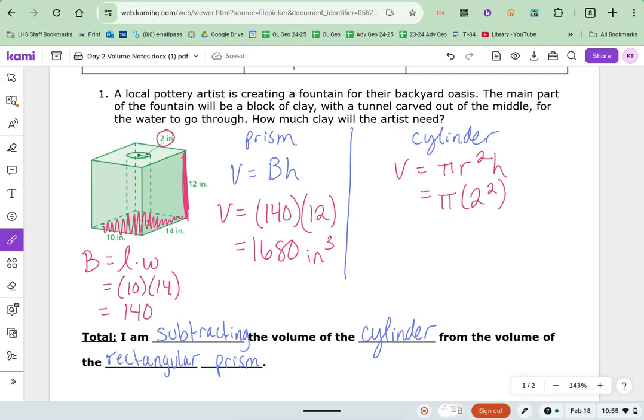Height is the distance between the two circle bases, so that's going to be 12. In your calculator, use the pi button and do pi times 2 squared times 12. I get 150.8 inches cubed.